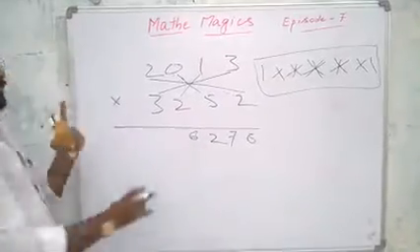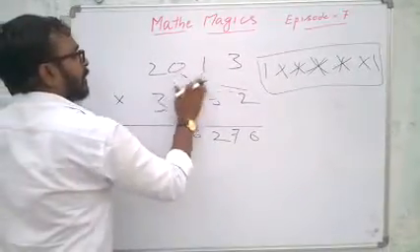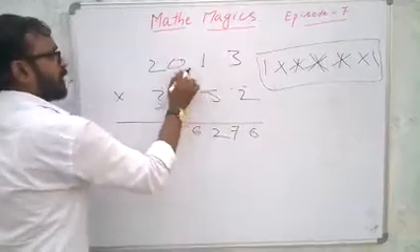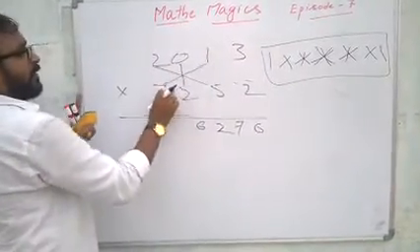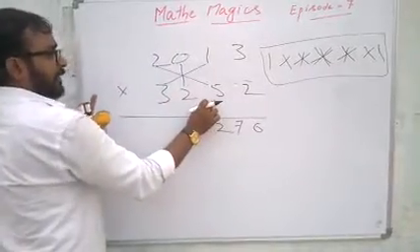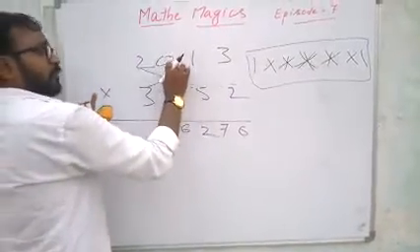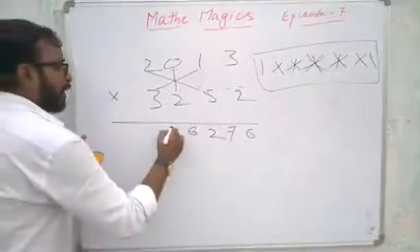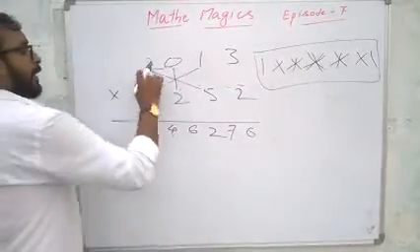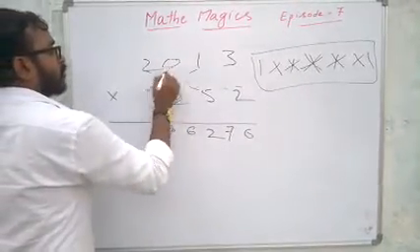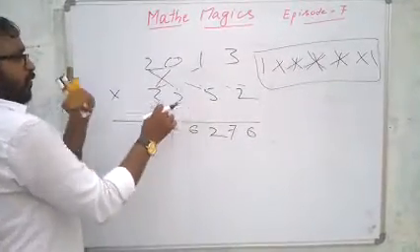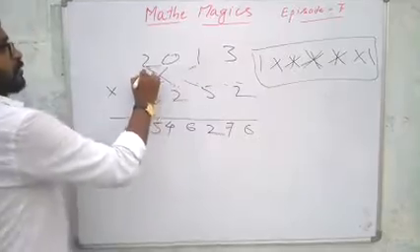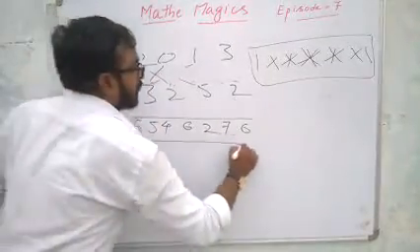Now you can remove these lines and now come to these: 3 times 1 is 3, 2 times 5 is 10, so 13, 2 times 0 is 0, 13 plus 1 is 14. Again finally these two: 3 times 0 is 0, 2 times 2 is 4, 4 plus 1 is 5, so finally 3 times 2 is 6. That's all the answer.